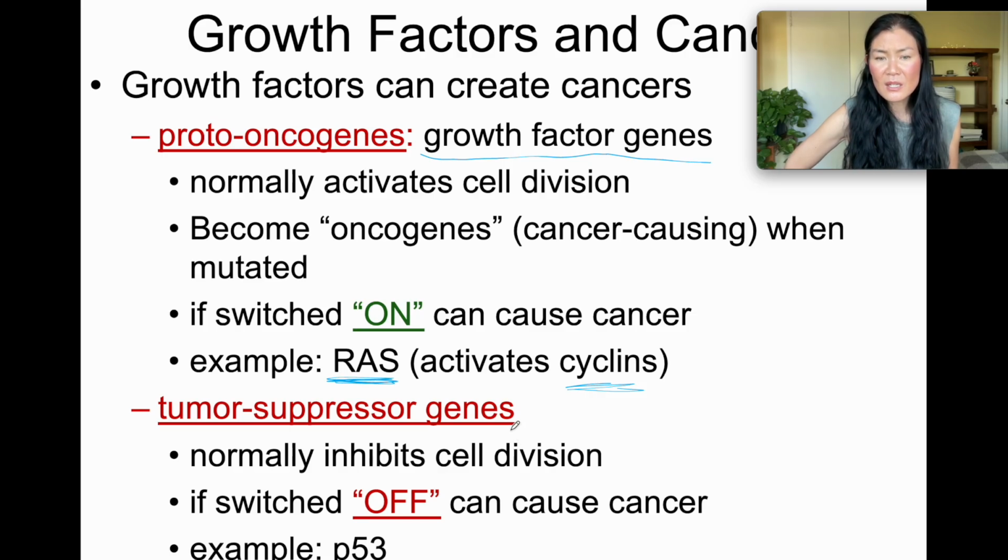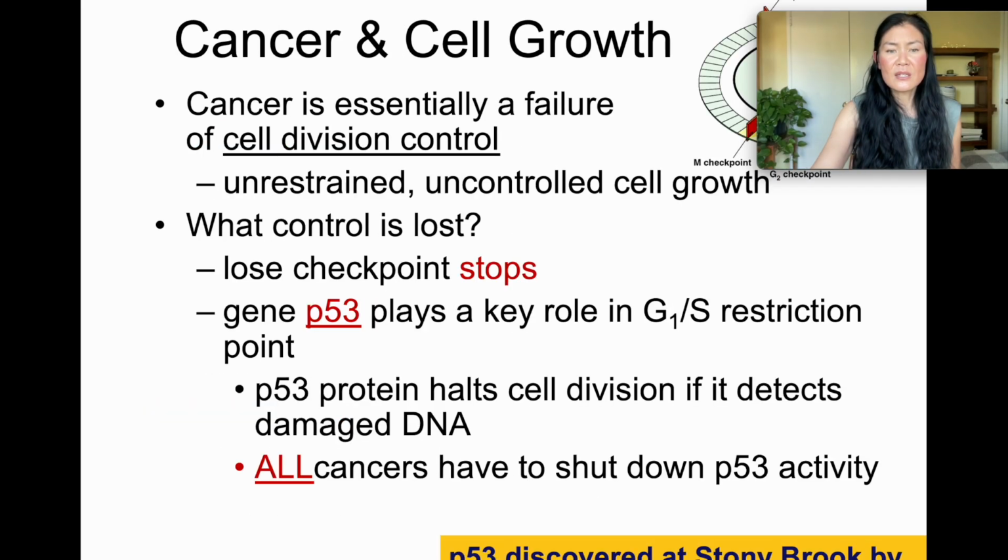And so if you have a mutation in a tumor suppressor gene, then those genes are no longer working, and then cells will divide uncontrollably and cause cancer. An example of a tumor suppressor gene would be P53. Okay, so let's talk about these genes. Okay, so cancer is essentially the failure of cell division control.